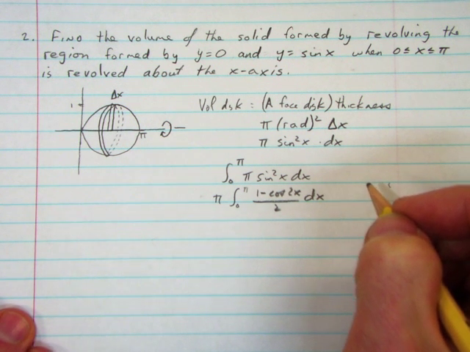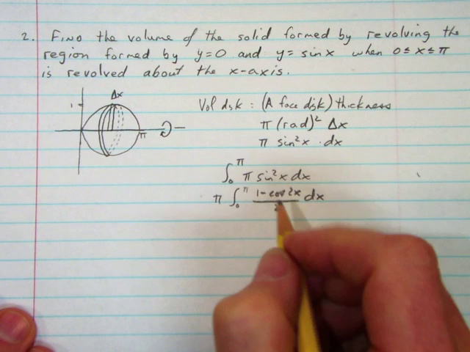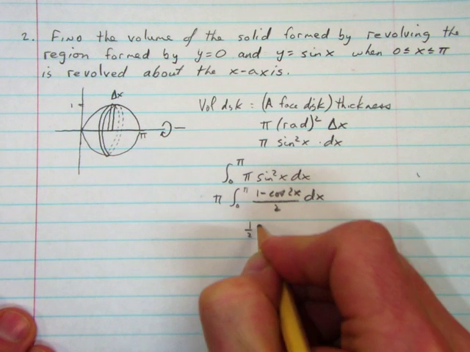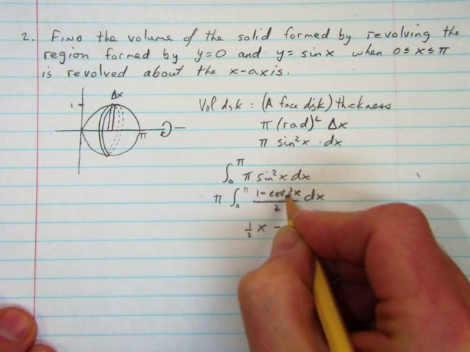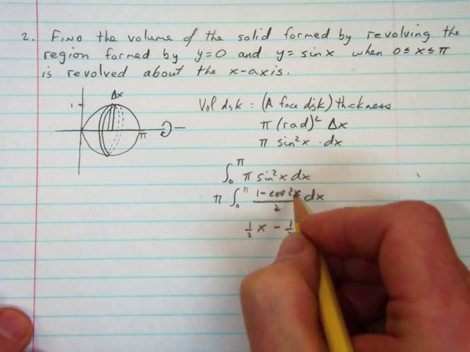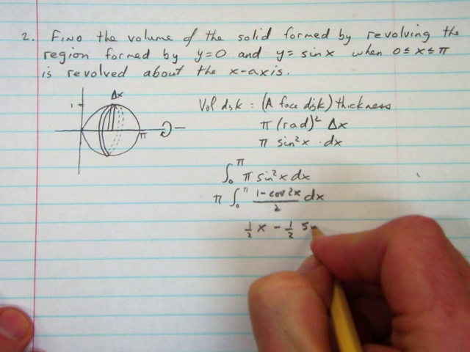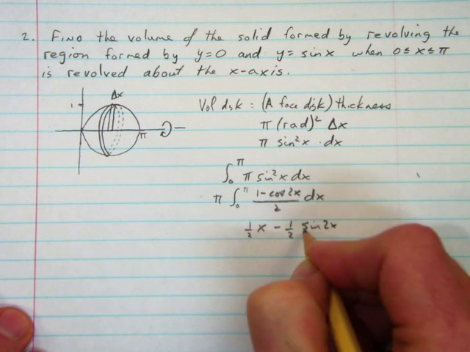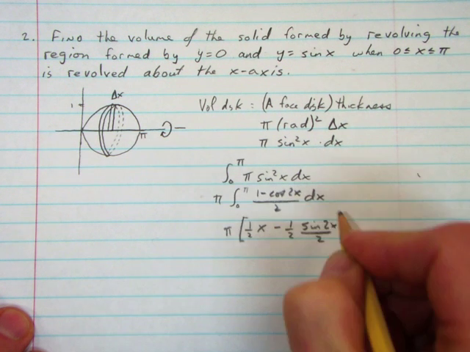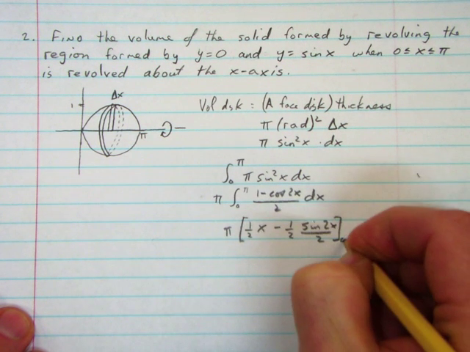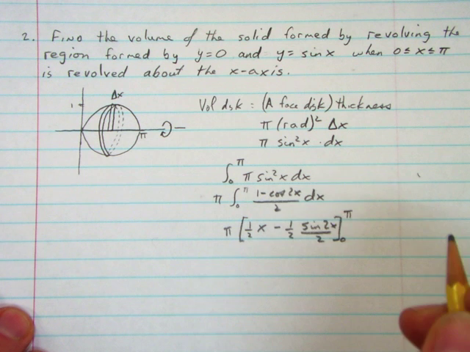Integrate each one of those separately. We'd have 1/2 x minus 1/2 of the antiderivative of cosine 2x, which would be sine 2x over 2. We have pi, and we'll go from 0 to pi.